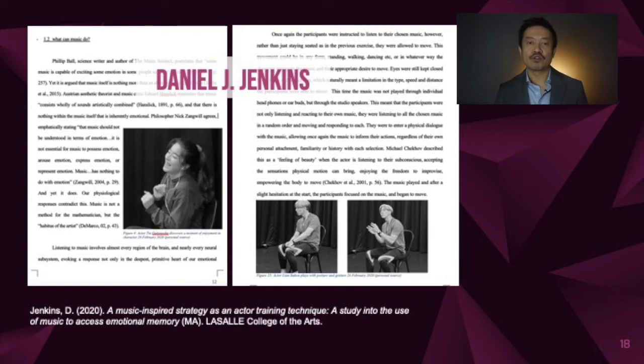Similar to the control and experimental group in empirical research, Dan adapted it and had 2 cycles of interventions. In the first cycle, he conducted the experiment with diploma and performance students, and in the second cycle with professional actors.